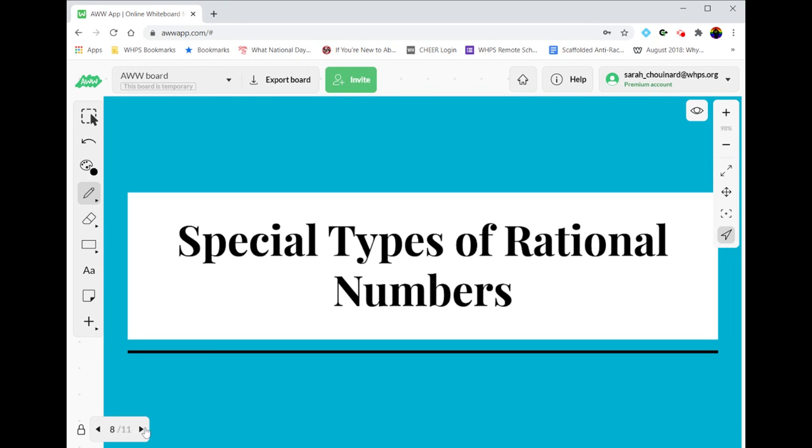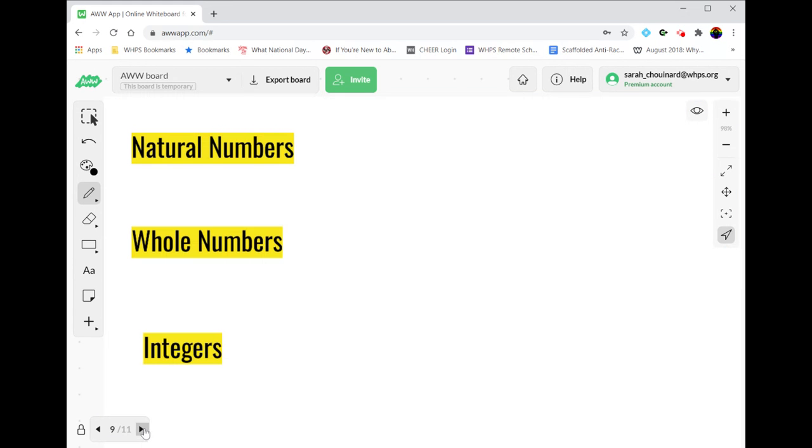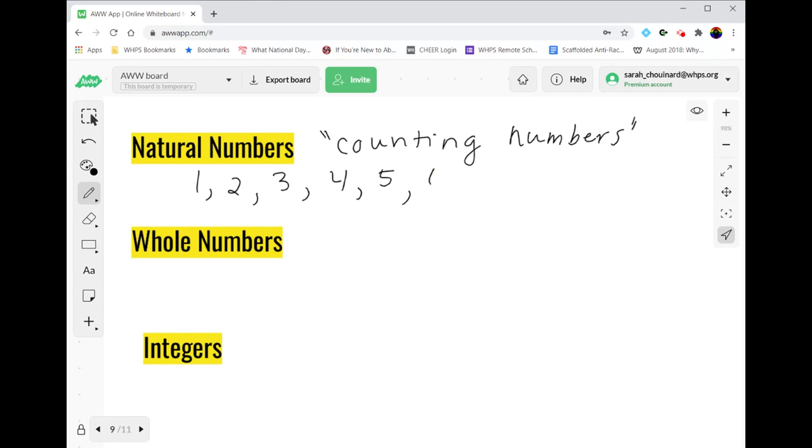So, a couple special types of rational numbers. All of these are going to be considered rational: natural numbers, whole numbers, and integers. Natural numbers are also called counting numbers because you can count them on your fingers. Those are the numbers that start at 1 and go up from there: 1, 2, 3, 4, 5, 6.